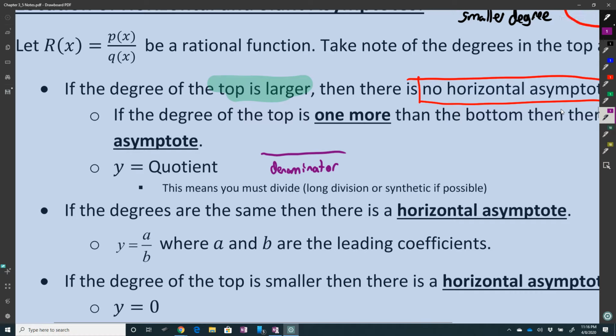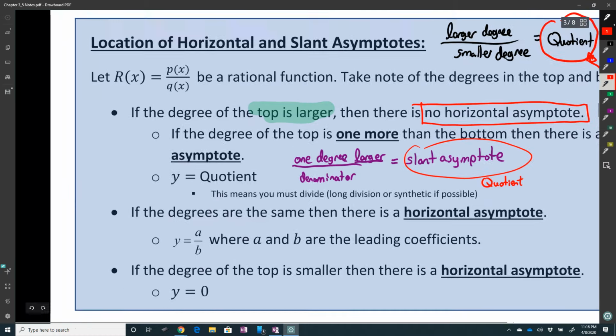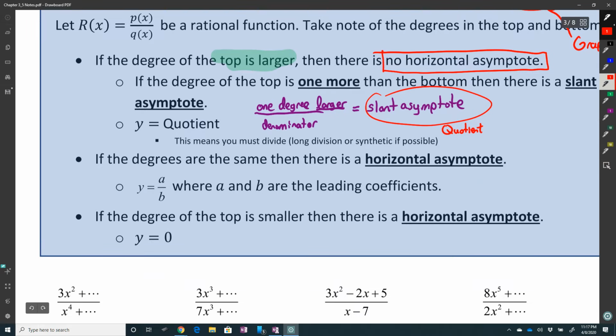And if the top is 1 degree more than the denominator, okay, then we have what we call a slant asymptote. Okay, and all the slant asymptote is the quotient whenever you do your synthetic division or long division. In our class, we don't deal with it that much. I'm going to show you one example where it happens.